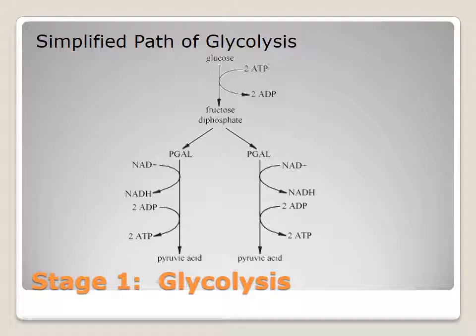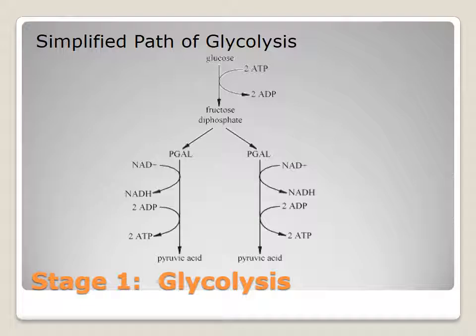But then you split that fructose diphosphate. When you break it, what happens? Energy is released, right? So in this case, you split that fructose diphosphate into 2 molecules that release energy. One is in the form of NADH. One's in the form of ATP. And that produces what's called pyruvic acid or pyruvate.